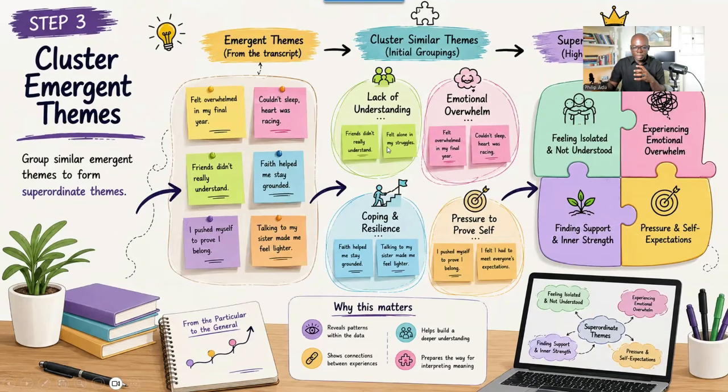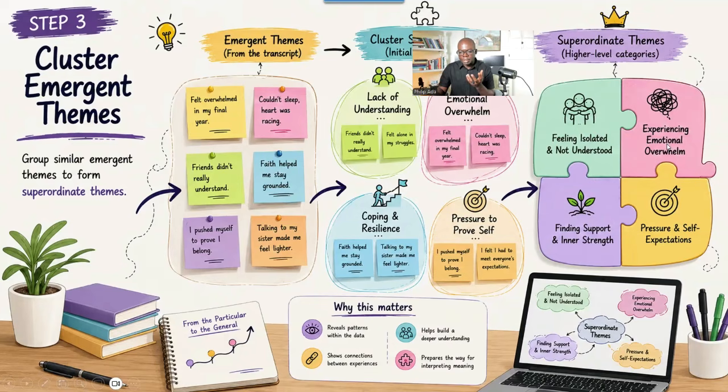As you can see here, this group, the label is here, lack of understanding, right? So these two, then you come up with a label that represents the two. And then you can refine that label at this stage, and then you can get a list of higher level categories, which is called superordinate theme, or you can call it overarching theme.